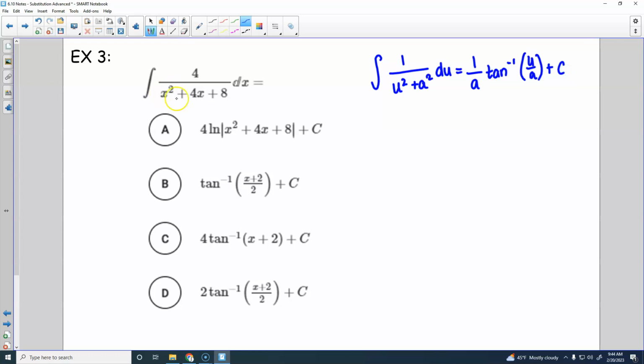So we can complete the square on this one as well. I would take that 4 and just go ahead and get it out of the way. So you've got 1 over, and we're going to complete the square, so we've got x squared plus 4x plus blank, and we've got plus 8 over here.